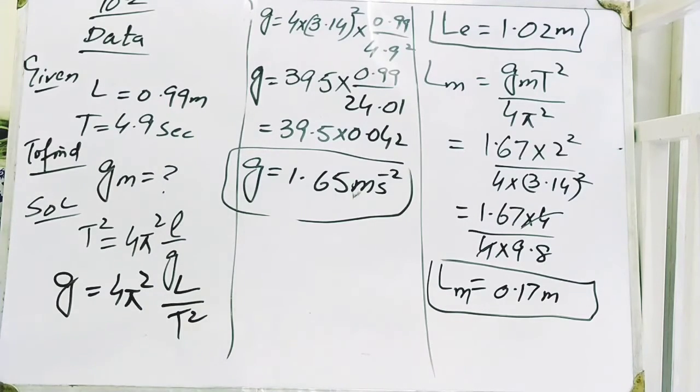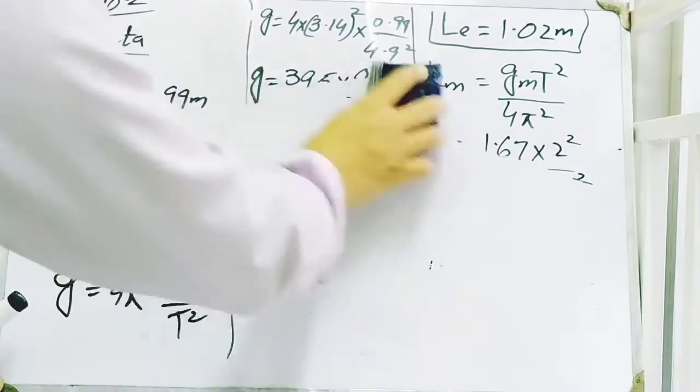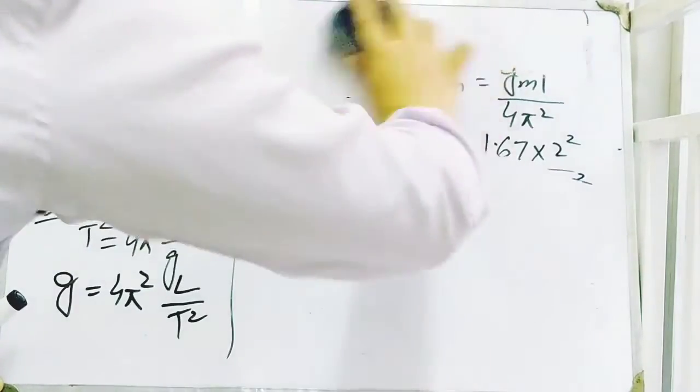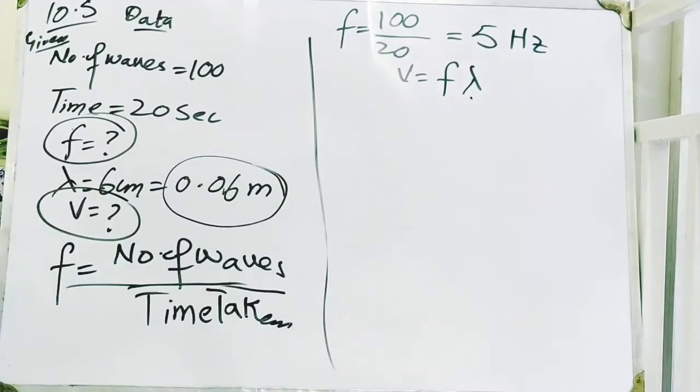In the third numerical of this portion, we have to find the time period of a pendulum which is placed firstly at the surface of the earth and then on the surface of the moon. The value of G is also defined and can be calculated from the given data.